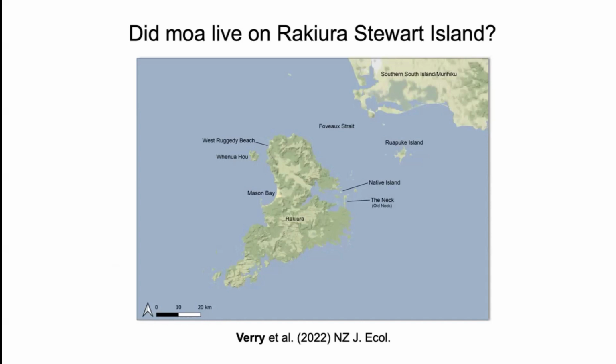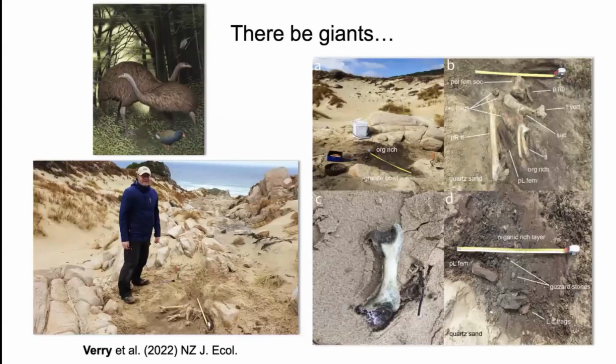You actually find very few terrestrial and no forest birds preserved in any of the subfossil deposits on Stewart Island. And so there's been this big debate about whether moa lived there naturally or whether they were killed on the mainland and transported to the island.